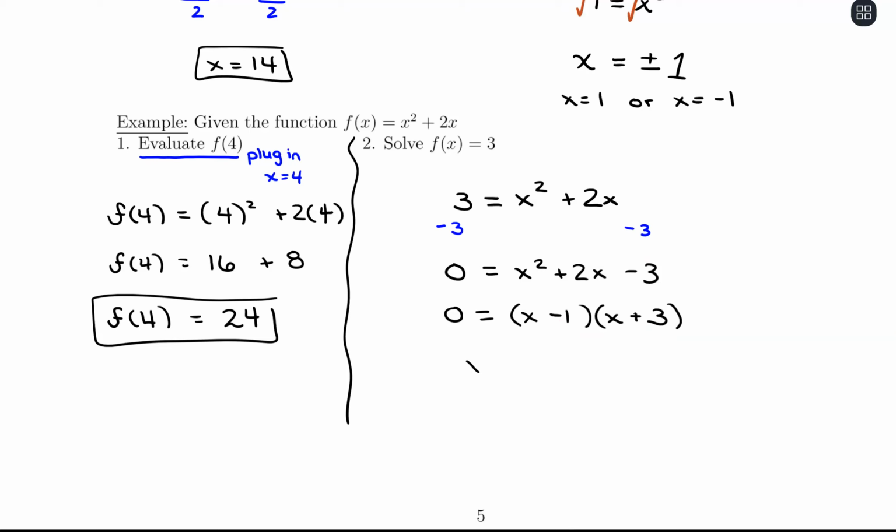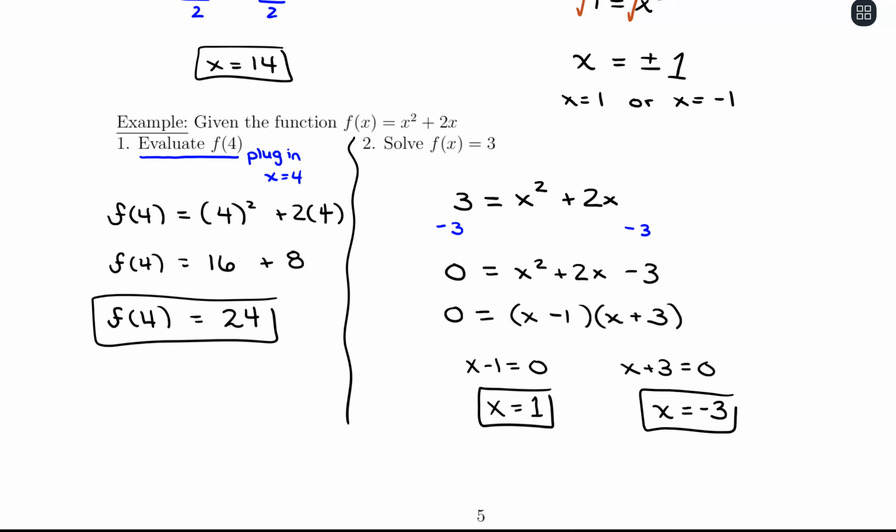So we'll split this up. This is the same as x minus 1 equals 0 and x plus 3 equals 0. So add 1 to both sides. X equals positive 1 is a solution. Subtract 3 from both sides. X equals negative 3.